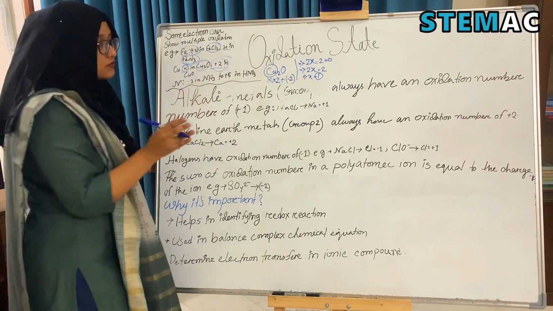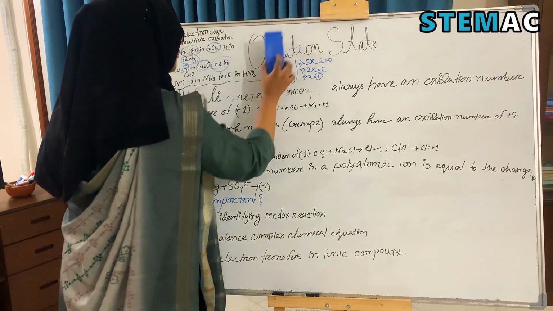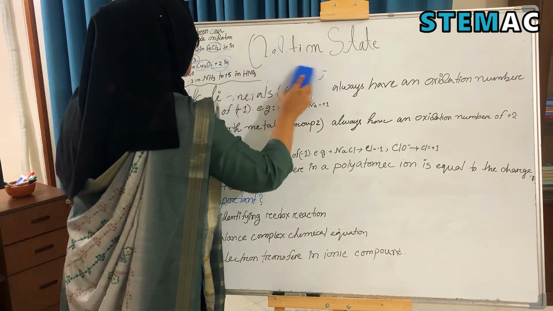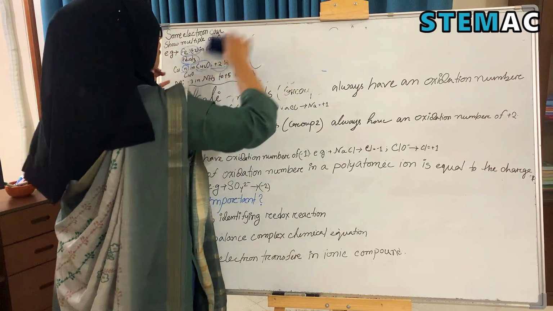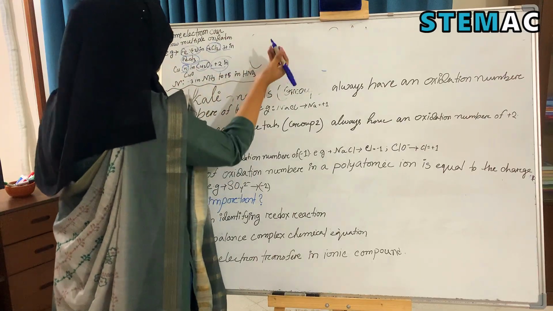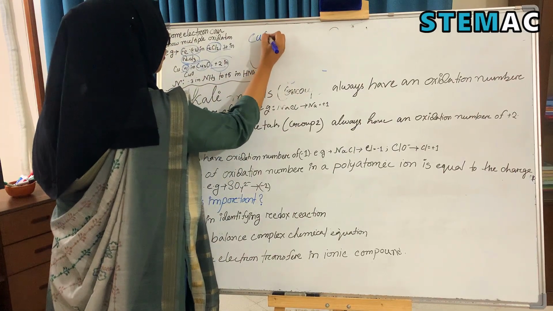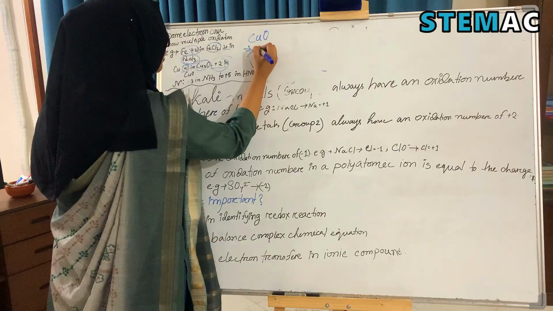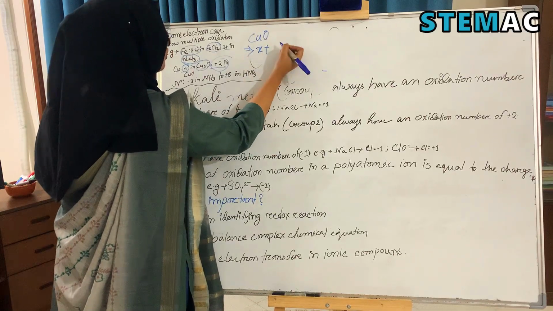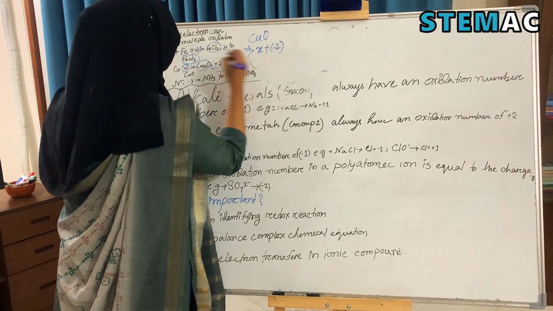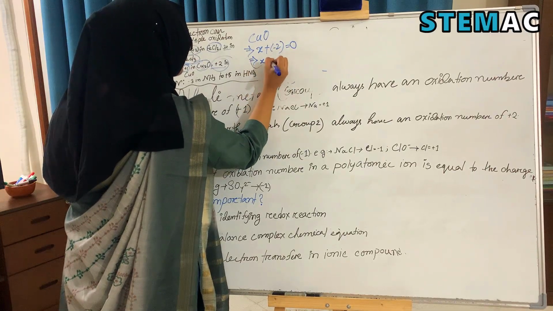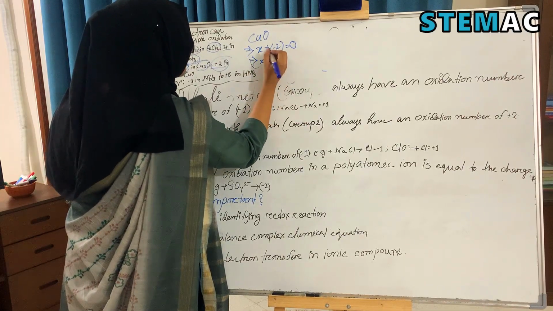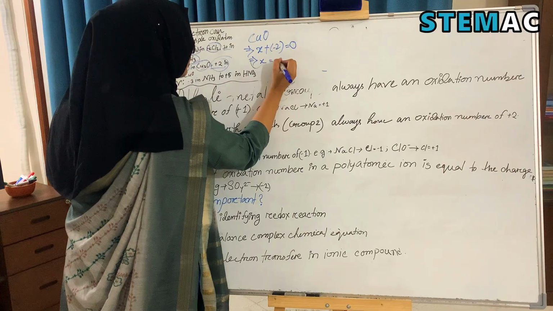What is the case for CuO? Here x for copper and oxygen -2, so x - 2 = 0, and x is +2.